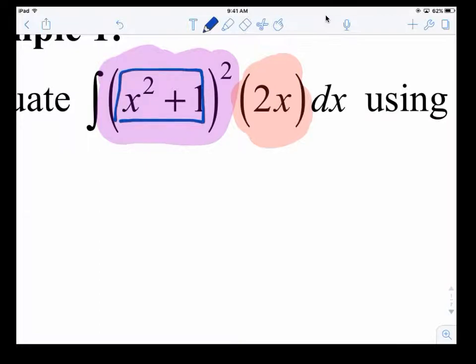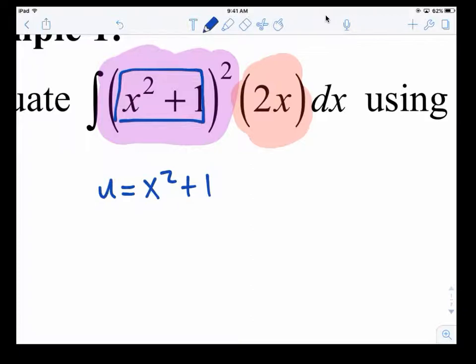All right. So what I'm going to do is call that u. So u is equal to x squared plus 1, because x squared plus 1 is built inside of the square, right?